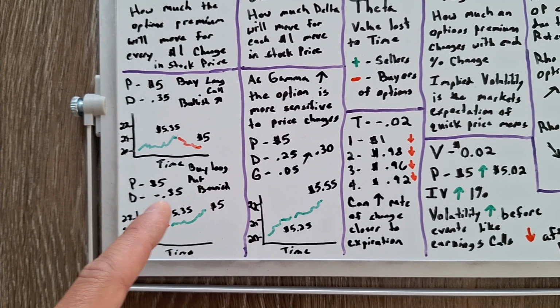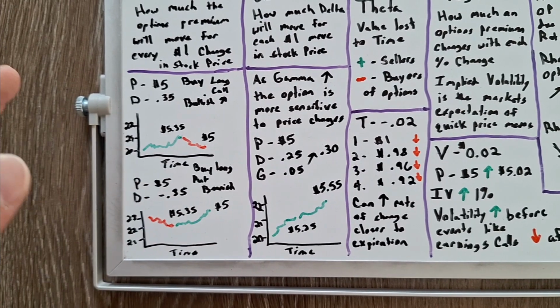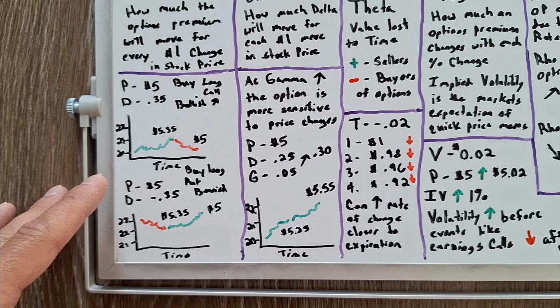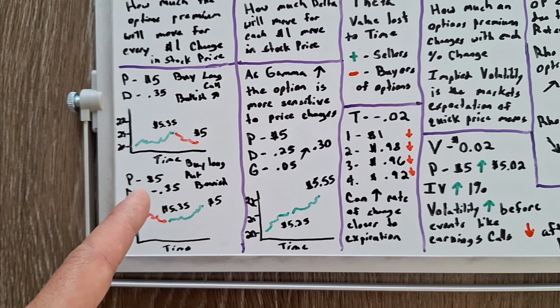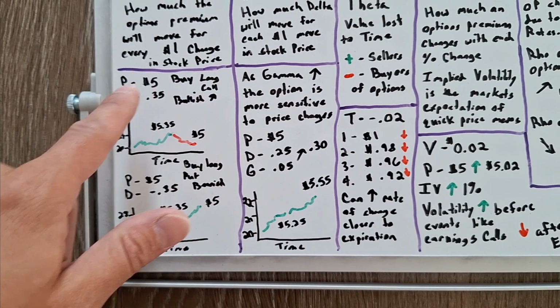So if you buy a long put option, which means you're betting on the market going down, then say your options premium is $5 and you have a negative delta of -0.35, it will do the inverse of what we just explained.